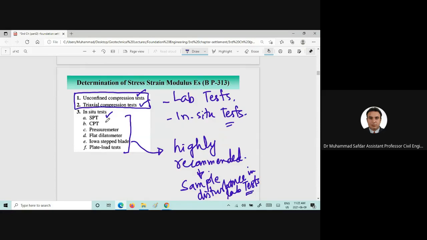So standard penetration test, once we get the N value, we can correlate using various correlations to estimate the modulus of elasticity. Cone penetration test, pressure meter test, which will be discussed in today's lecture, and the flat dilatometer test, Iowa stepped blade test, and the plate load test. We can also estimate the modulus of elasticity using the plate load test.